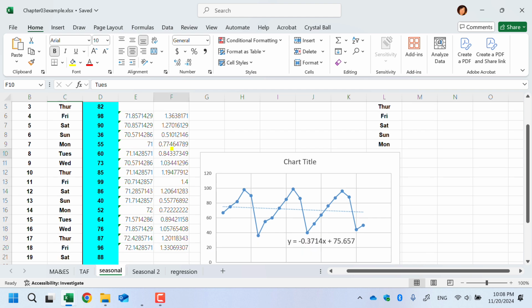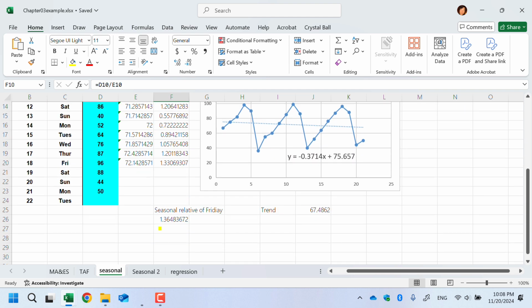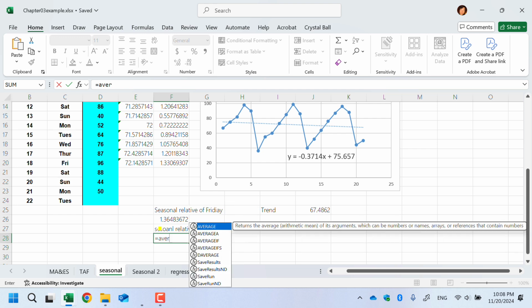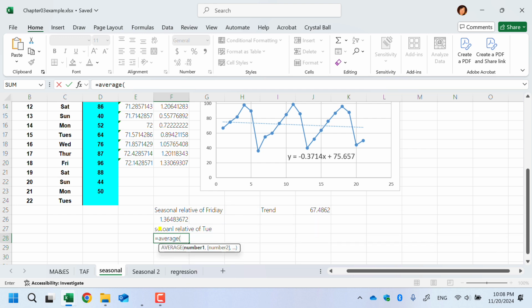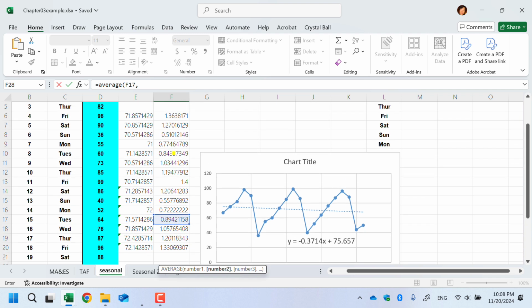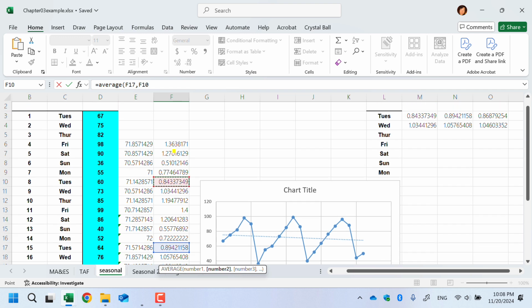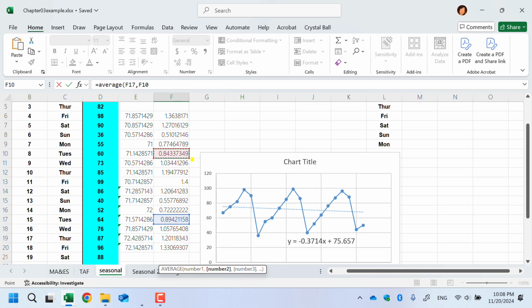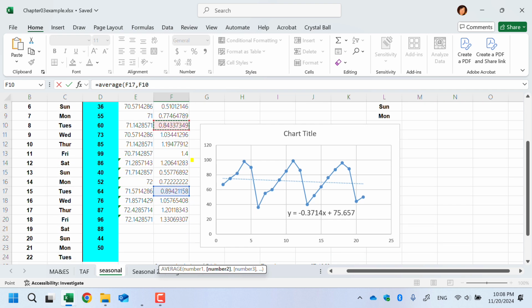So let's see, the Tuesday effect is this one. So I will find out seasonal relative of Tuesday. Average of the Tuesday, this one, comma, Tuesday, this one, comma, no, we don't have a, we have only the two Tuesdays here.